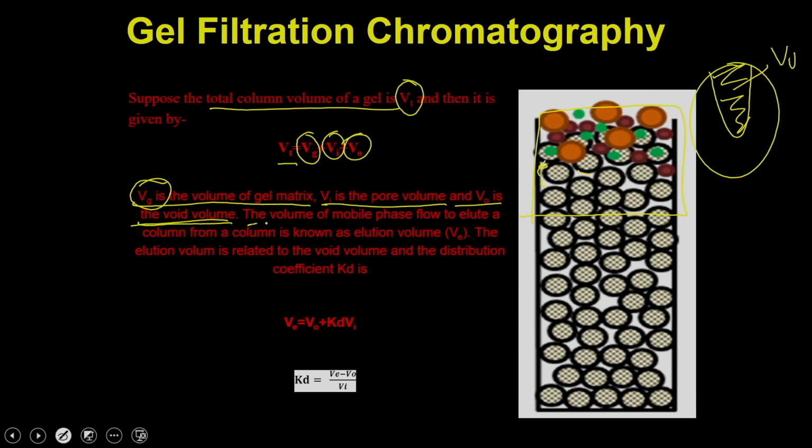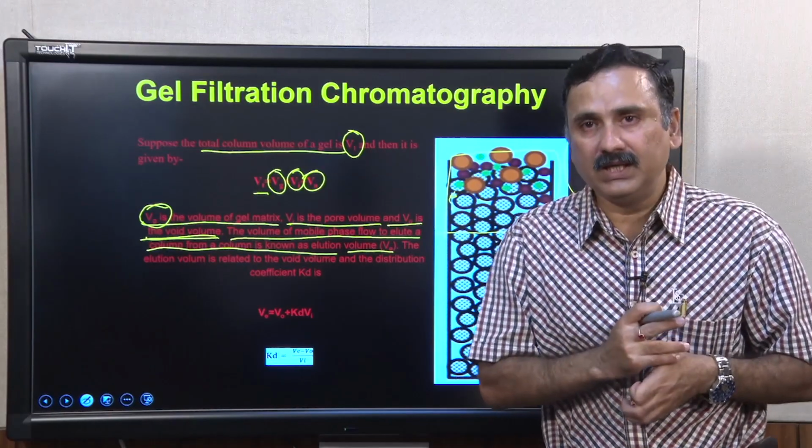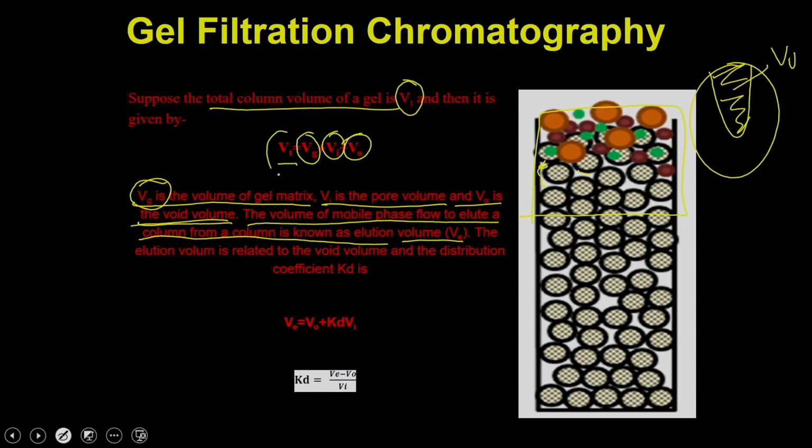Now, the volume of the mobile phase needed to elute an analyte from the column is known as the elution volume, or Ve. So, you have the parameters Vt, Vg, Vi, Vo and Ve. If you recall, Vt is the total column volume, Vg is the volume of the beads or the gel matrix, Vi is the inner pore volume, Vo is the void volume, and Ve is the elution volume.